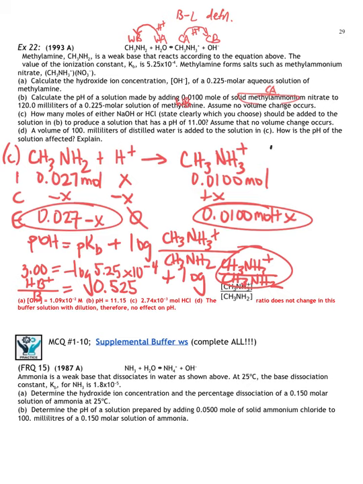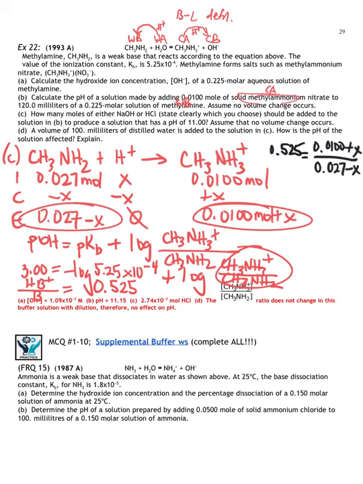I'll rewrite it and substitute, and I'm going to write it in black and write it very small. So I end up with 0.525 equals, and I know my conjugate acid is going to be 0.0100 plus x, and then my weak base is going to be 0.027 minus x.